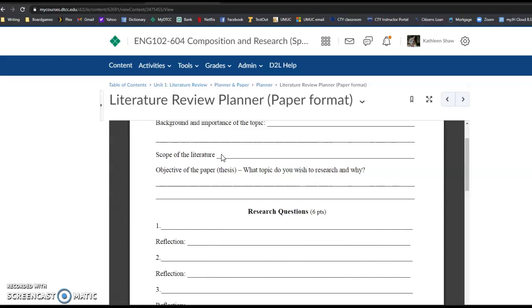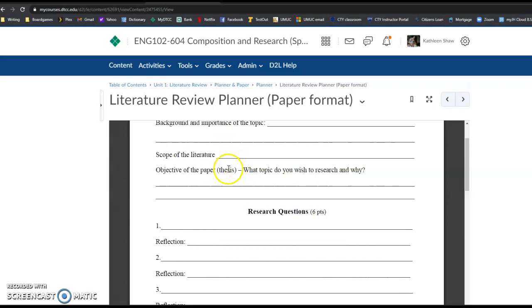When you Googled it, were there a million current news stories? Is this primarily something that is covered in academia? Or are you noticing it's all in popular magazines? Scope of the literature means an overview of the different types of sources that exist on your topic. So, what is out there?